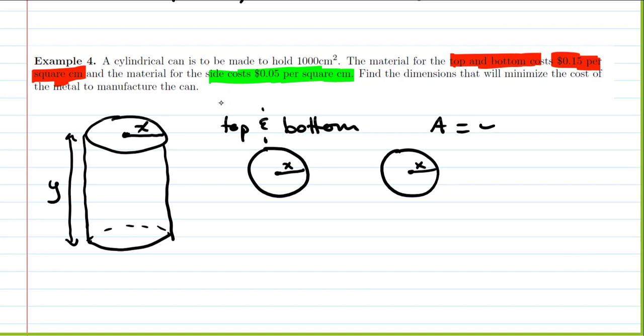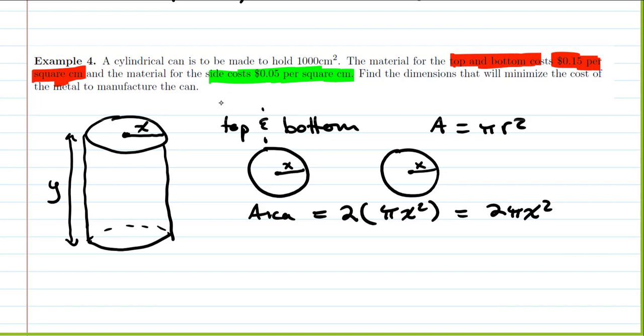That is pi r squared, but our radius is x. How many circles do we have? 2. So it's 2 times pi times x squared. So our area is 2 pi x squared, and that's for our top and our bottom.